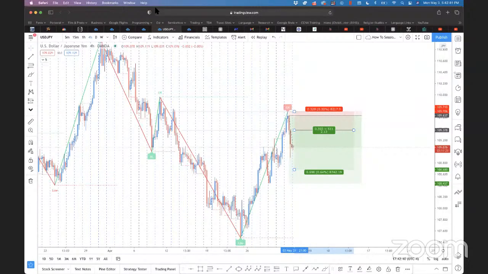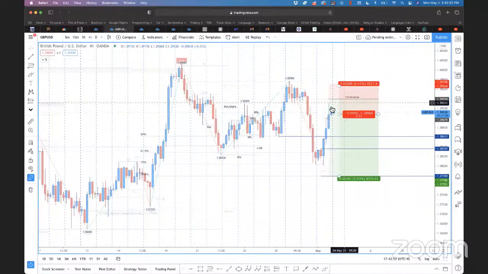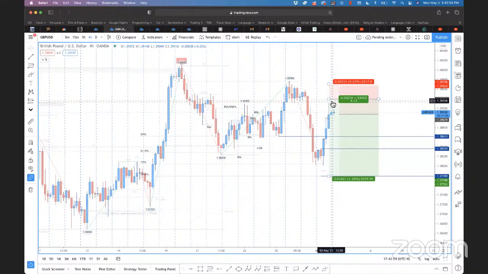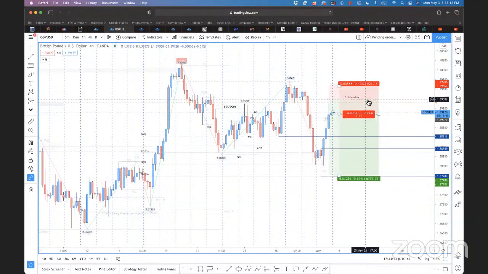So that's the main reason why I trade like this. If you look at this setup on GU that I'm waiting on, I know I'm trading near an order block right around here.